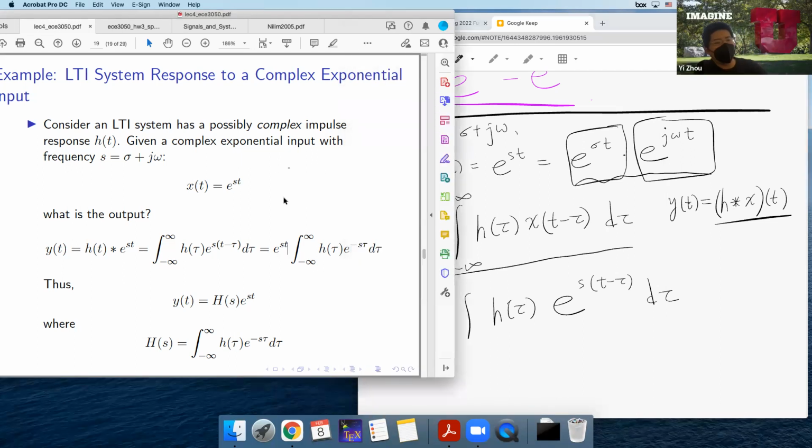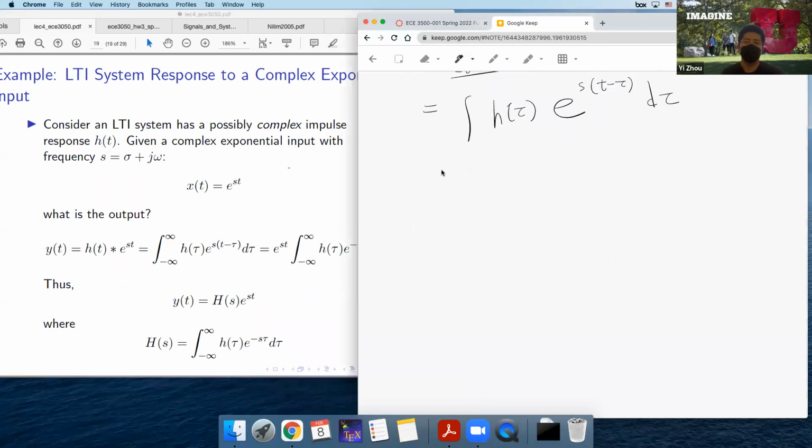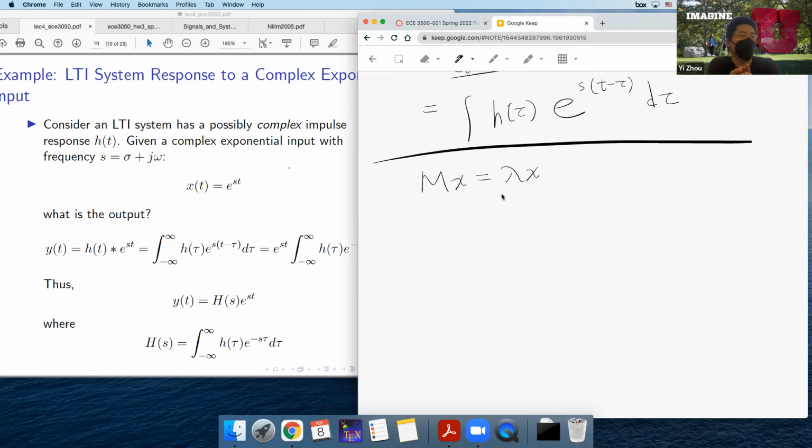This is very similar to linear algebra, when we introduced the eigenvalue of a matrix. If you think about the system as a kind of matrix, let me remind you: for any matrix m, a vector x is an eigenvector if m times x is some constant lambda times x.